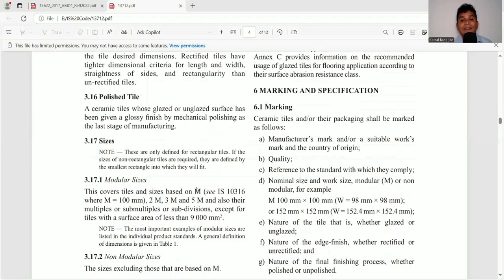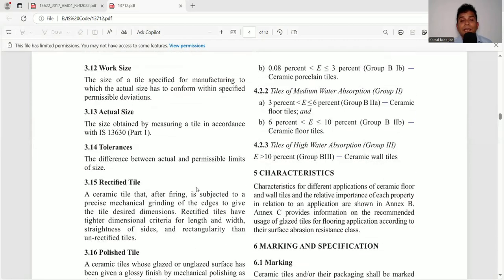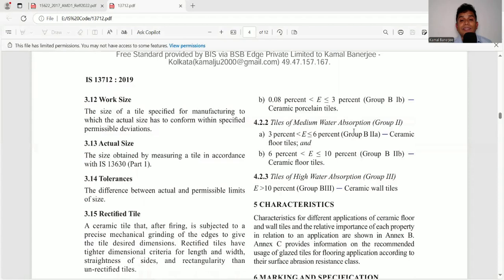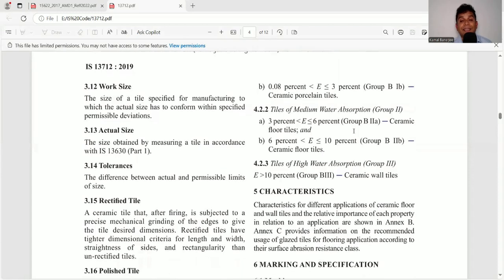Now what are the other categories? 0.08 to 3%: if it is in this group, it is called ceramic porcelain tiles. 3 to 6% is called ceramic float tiles, and 6 to 10% is also called ceramic float tiles, and above 10% is ceramic wall tiles.